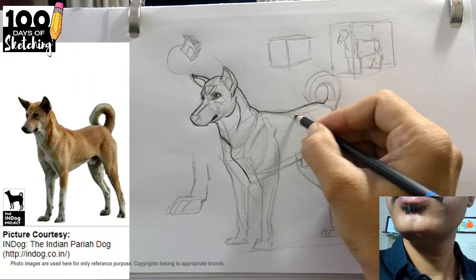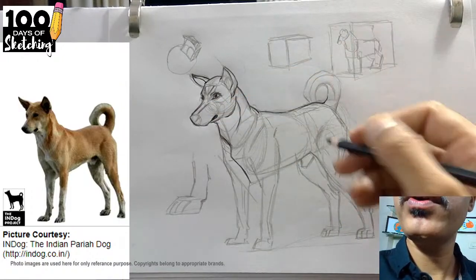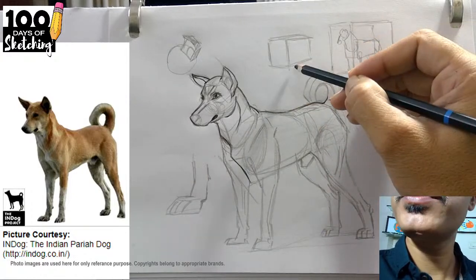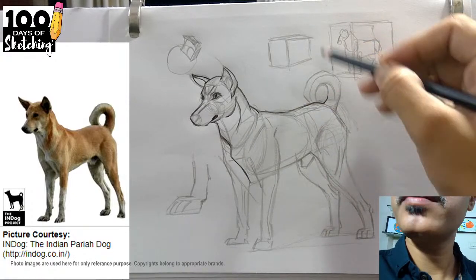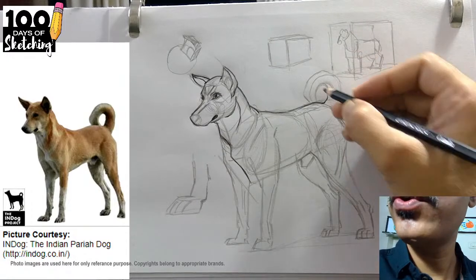Here also you can see this portion, like the upper plane. So this specifically, and this, if you follow properly, you will get the right drawings.